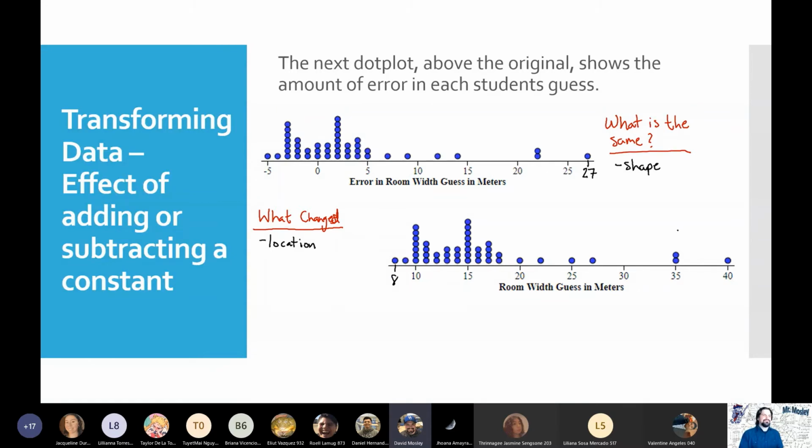So let's calculate it. To find the range, right, we do the maximum minus the minimum, right? So the range on here is going to be 27 minus -5, or maximum minus the minimum. It's going to be 32.